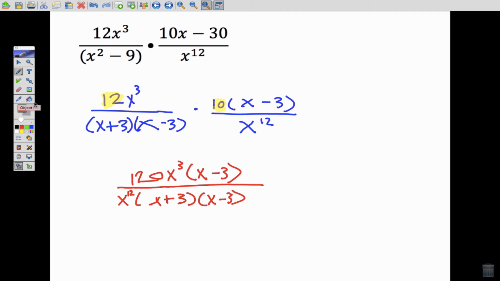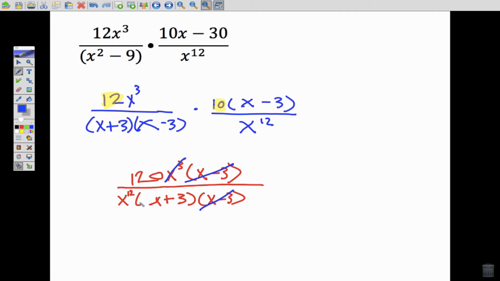Okay, so now we're looking for things that we can cancel. So x to the third divided by x to the third is 1. So I can cross those off because, again, it's just a 1. And 1 times anything is whatever the anything is. Okay, and then I have x to the third up here.